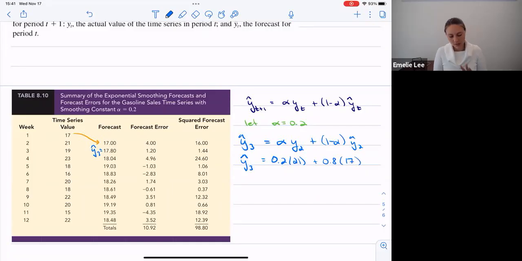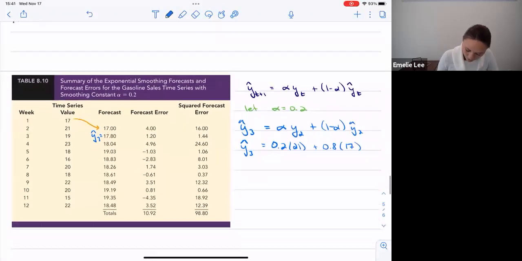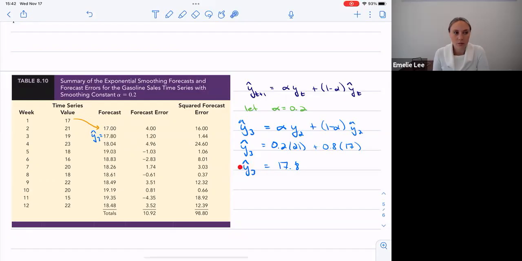And I really hope that works out because I haven't checked it. Phew. Can you imagine if it hadn't worked out? 17.80. Okay. And so that's how we get it. But you can see how you're using the previous values here.